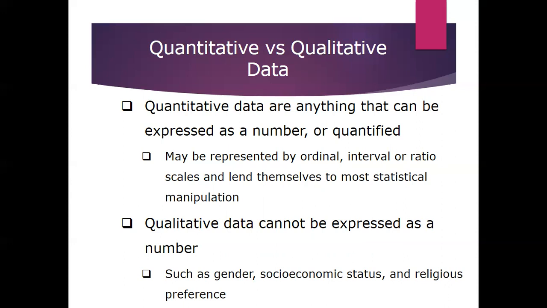So for example, if you have gender, you have two genders, male, female, you can quantify that data. For example, the Ministry of Health, when you look at the reports, they do that all the time with the COVID updates. How many male percentage, how many female percentage infections. If you do socioeconomic status, you might categorize the various status by income levels. All right.